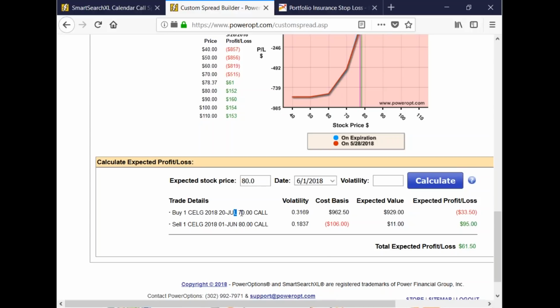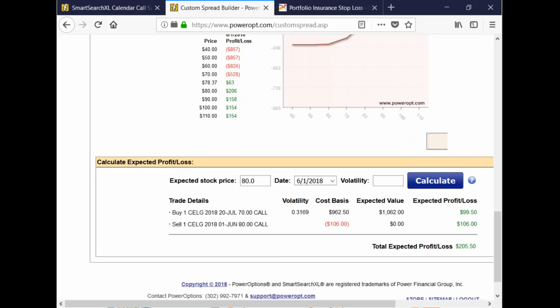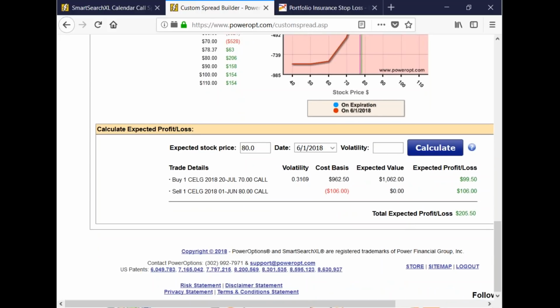If you exercise the option or you're forced to exercise the option, you lose the remaining time value. Okay? So at this time here, if the stock was trading at 80, Black-Scholes value of our July 70 call would be 10.62. There's the profit of 2.05. That extra 60 cents of time value that still exists on the 70 call.